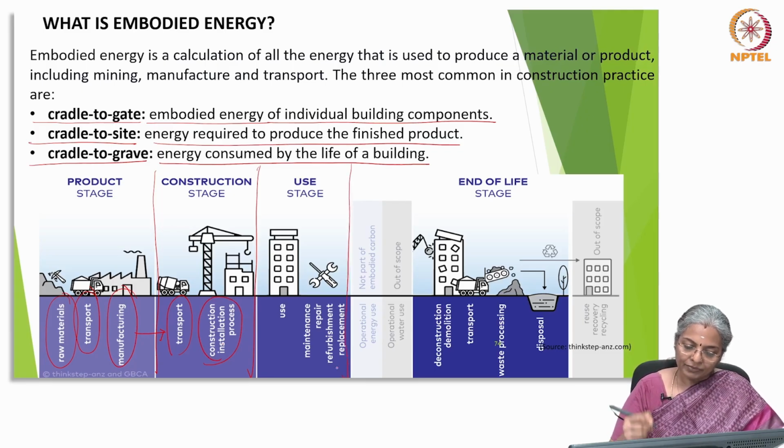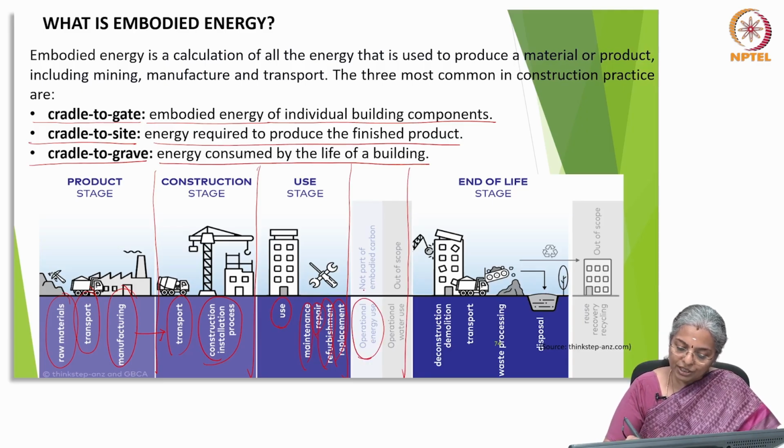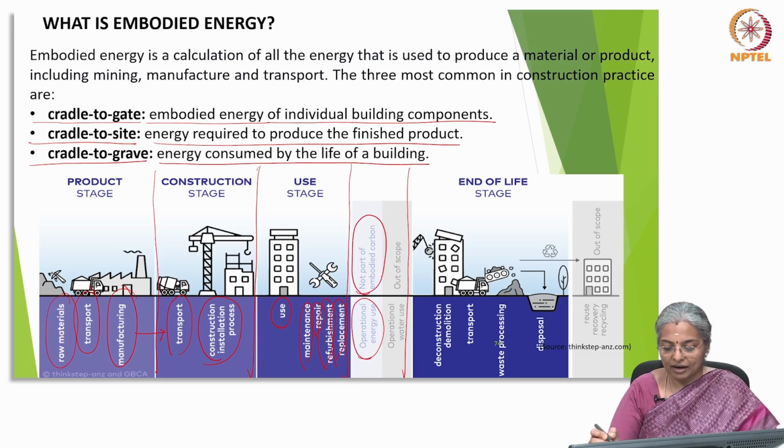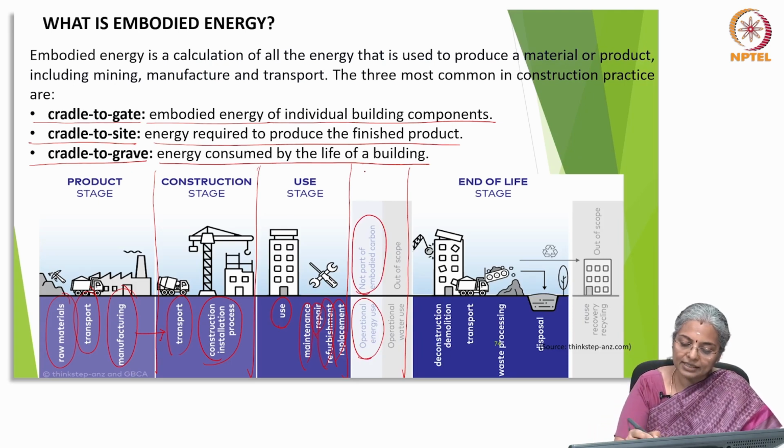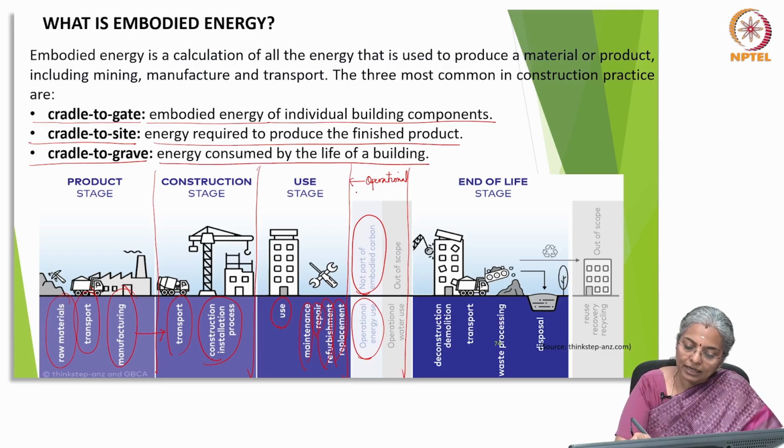Then we have the use stage, which is primarily the maintenance, repair, refurbishment, replacement and also use. And then we also have what is called operational energy use, which is not part of the embodied carbon. So, until here is embodied carbon, and during the use of the building, say in the form of use of electric current or pumping of water and things like that, is called operational energy.